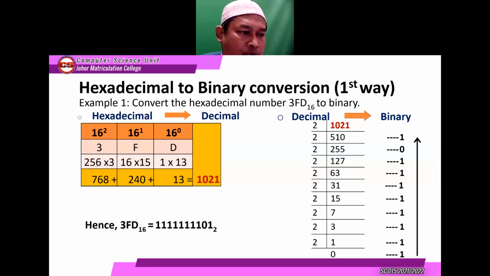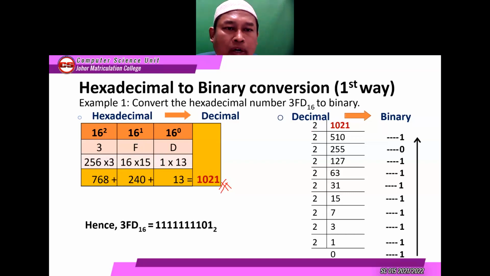So 16 power of 2 is 768, and 16 power of 1 is 16 times 15 is 240, and D is 13. So the answer from hexadecimal to decimal is 1021.